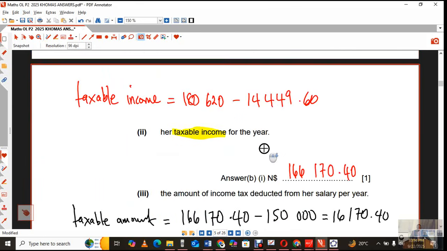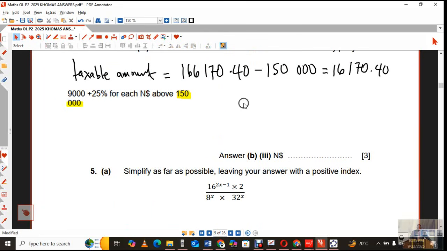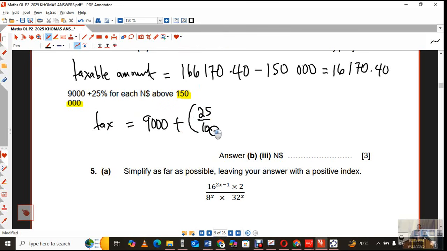Taking this tax rate, let me just bring it back here. So this is the formula. The tax that Ms. Happy should pay is 9,000 plus, I'll put brackets here, 25% of this amount that we calculated. That is what we are looking for.